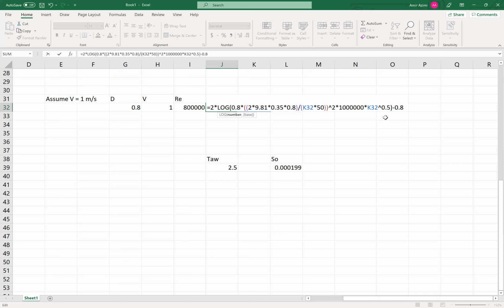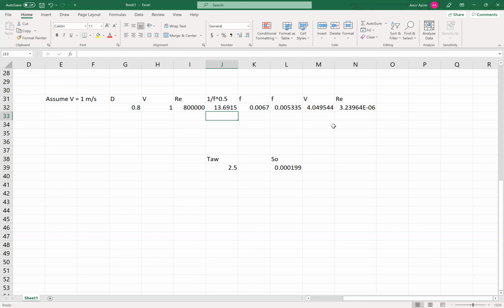Everything here, you calculate the log minus 0.8. This gives me the value of 1 over square root of friction factor. This is the trial version. So I try, and this is what I get.